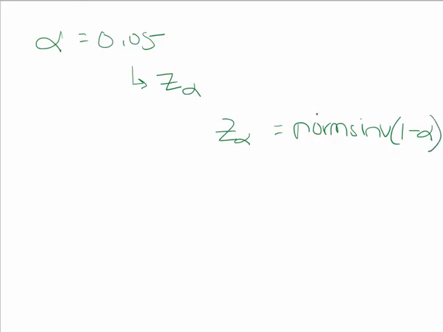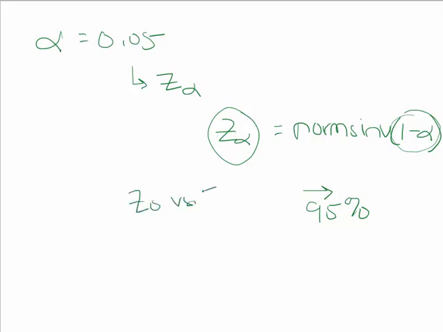So basically it's going to use this probability for anything greater than 95%, and essentially use that to give us a z-score or z-value that we can then use to compare against our z-alpha value.